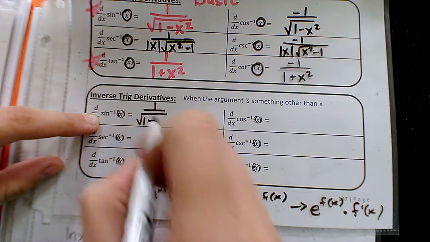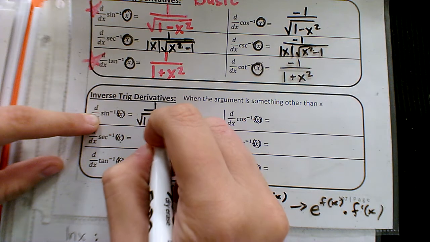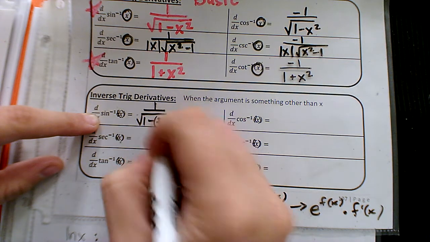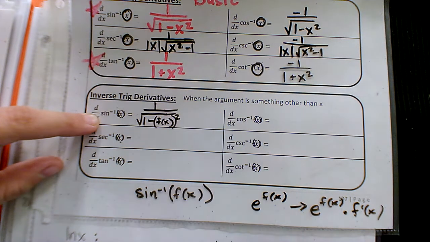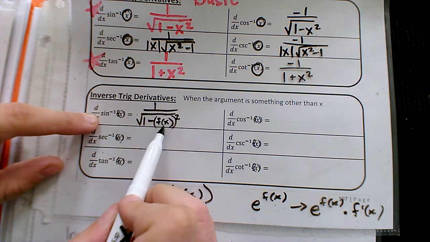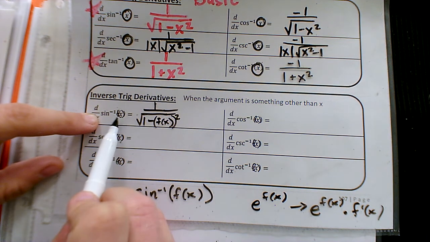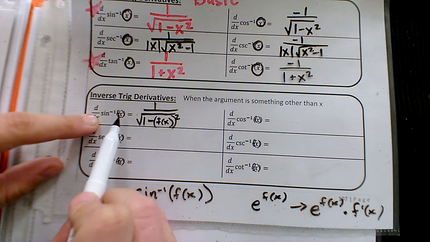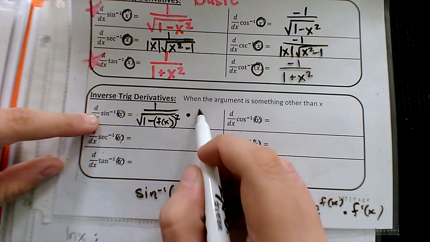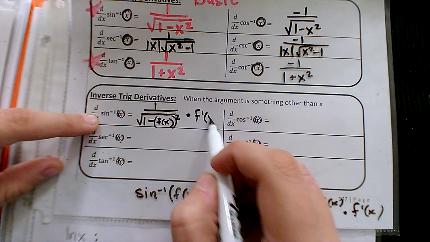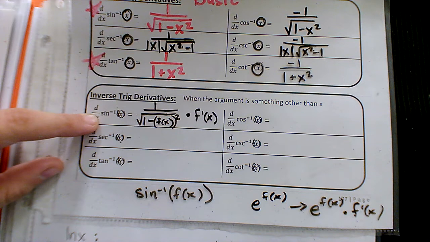So if we use the same logic here, we'll have 1 minus f of x squared. Okay, whatever's on the inside, we're just going to square it. And since the inside is a function, something other than x, we're going to multiply by the derivative of the inside. Just like we do for chain rule, just like we do for the e to the power.